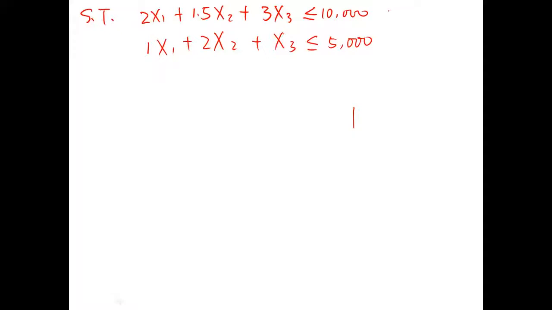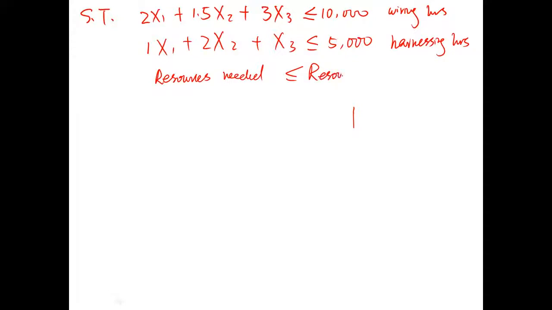Okay, so the first is the wiring hours. The second one is the harnessing hours. And these two constraints represent resource needed or used needs to be less than or equal to resources available. Okay, so these are the first group of constraints.